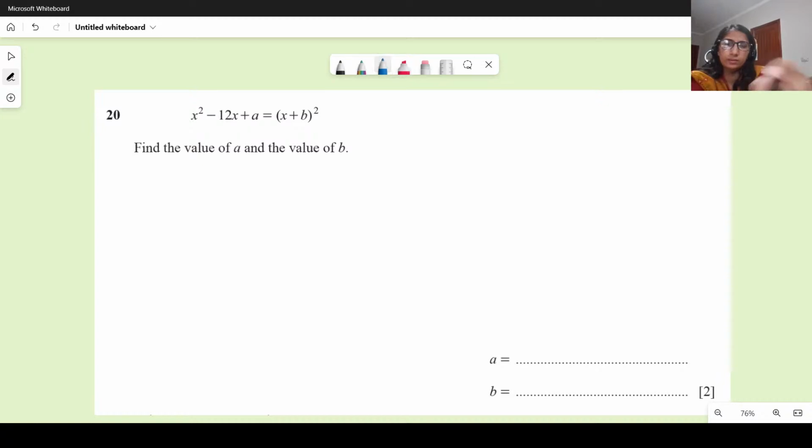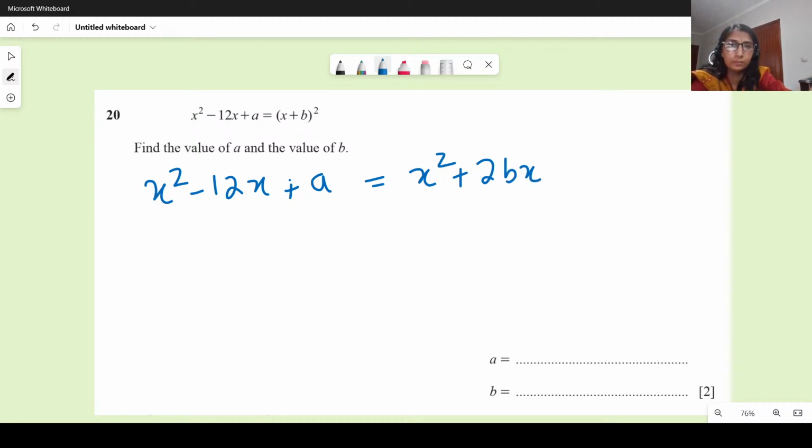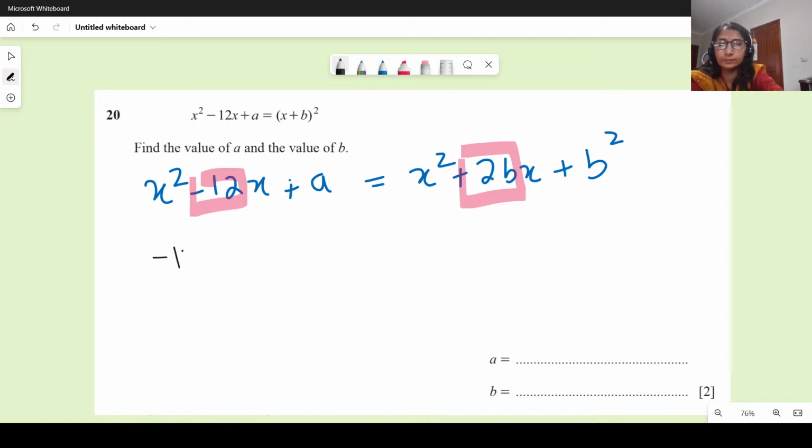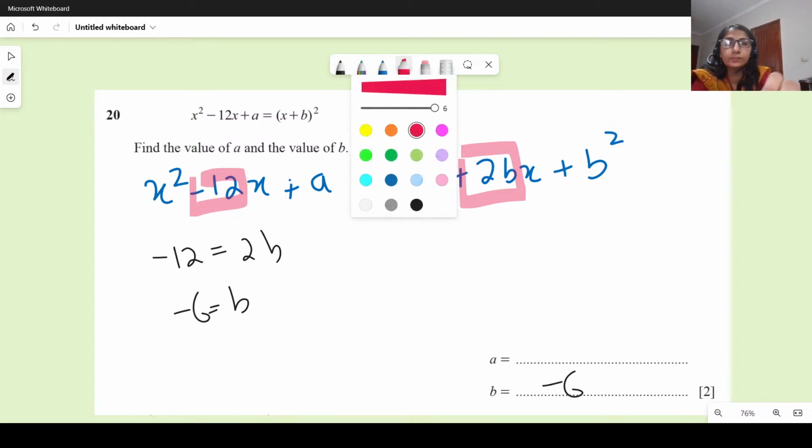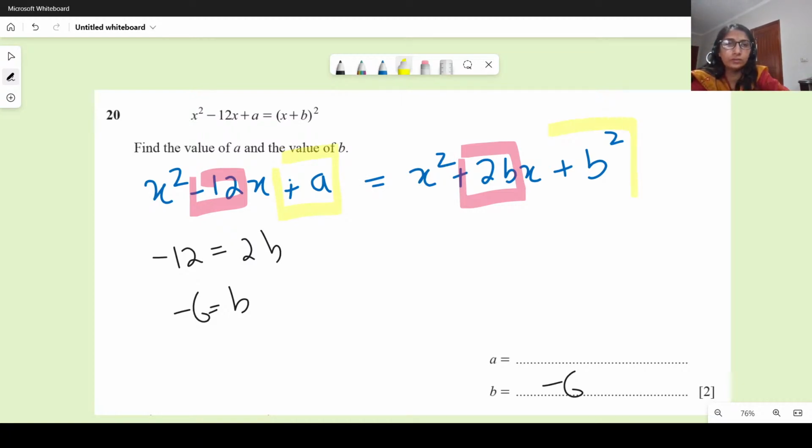So a very simple way of doing it is you expand the right hand side and then compare. So x square plus 2ab, so I can write bx plus b square. Let's start comparing. Minus 12 will be equal to 2b, so b equals minus 6. And then the constant here is a, the constant here is b square, which means a equals b square, a equals minus 6 whole square, which is 36.